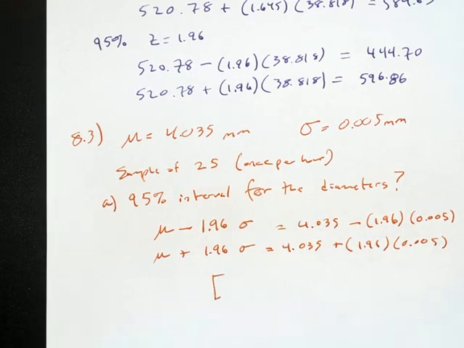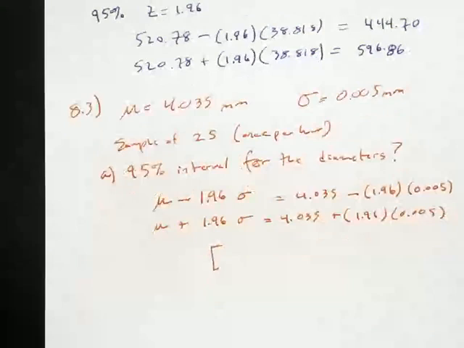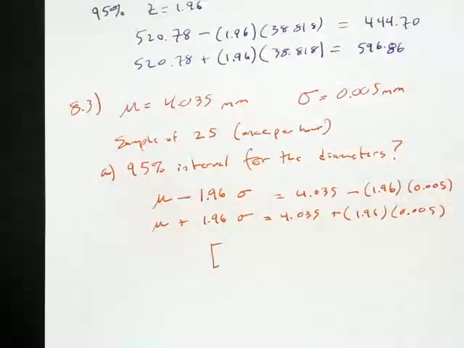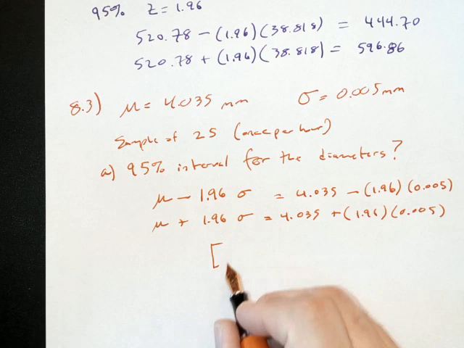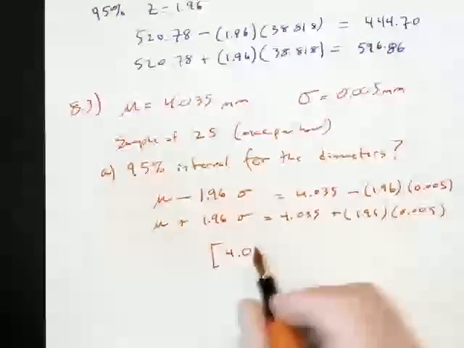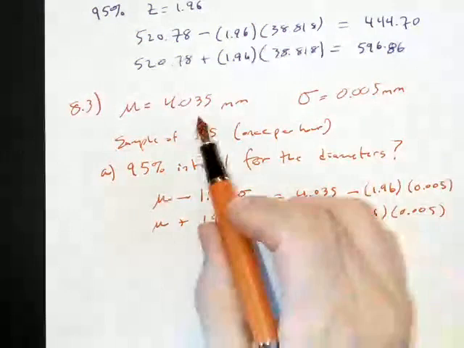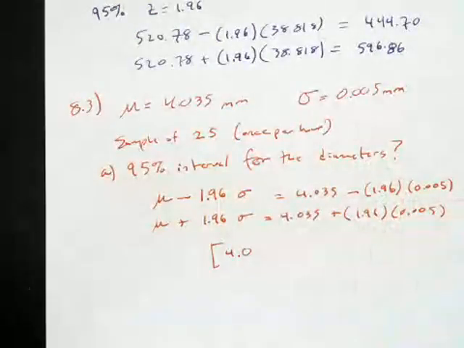What's my low number? No, what do I get when I finish this calculation? I want many more decimal places. I've got 3 decimal places after here, 3 after here. Give me at least 3 after the decimal. Maybe you can go to a 4th one.